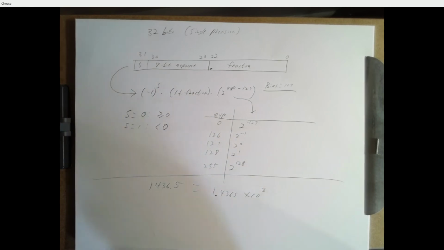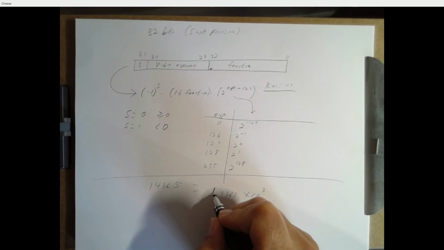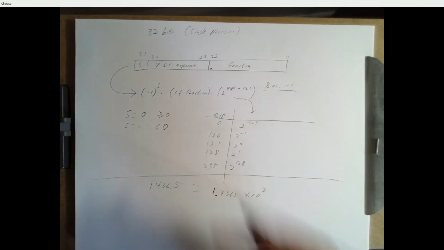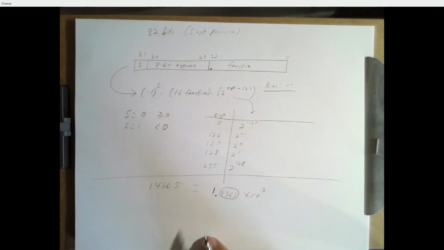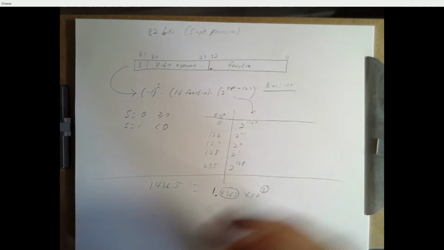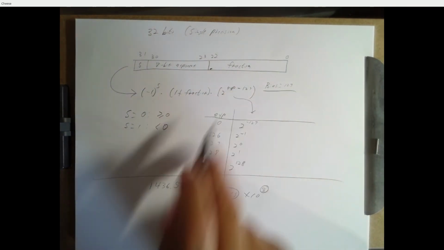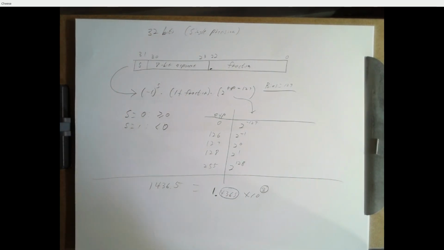But in binary scientific notation, our digits are either 0 or 1, and if this is not a 0, it's got to be a 1, so we don't bother storing it. So we only store this part. This is the fraction. And then the exponent is basically this 3, except we have this weird business of adding 127 to it, so we'd actually store a 130 in this case.